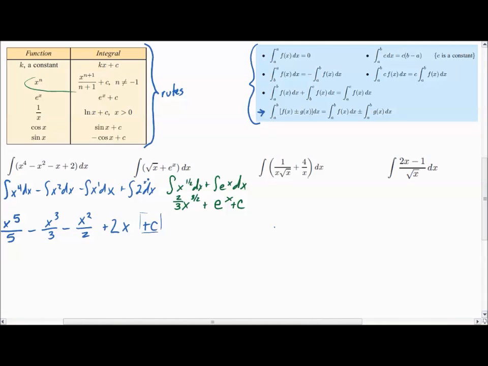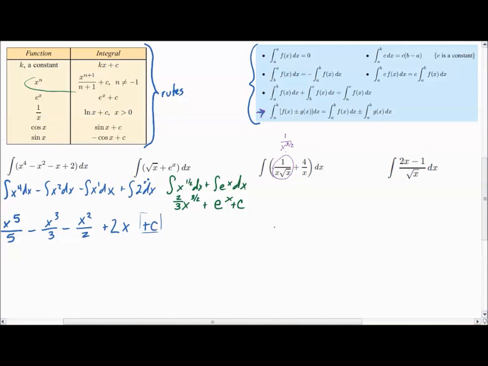Okay, so here we go. We now have the integral. Let's go ahead and break them apart again. We're using this fourth rule quite a bit, but that fourth property is very helpful. So we're going to rewrite this one actually first. Before we split it up, we'll go ahead and rewrite this. This is 1 over x to the 3 over 2.